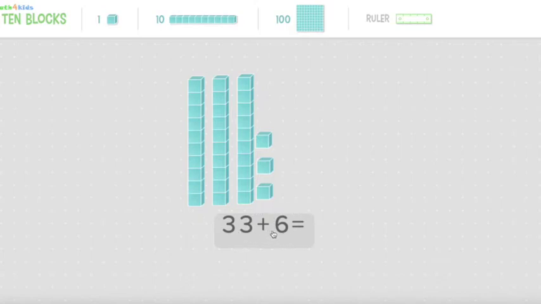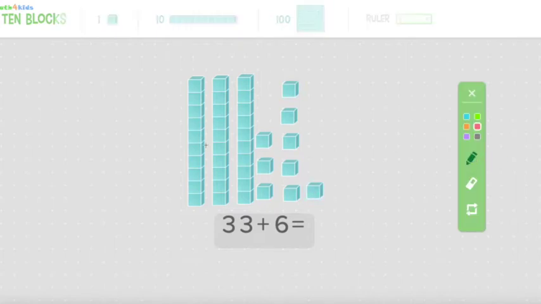Now it's 33 plus 6, so I need to also put the number 6. So I'm going to start by putting down my ones. How many ones do I need to put? 6. So I'm going to put down 6 ones. 1, 2, 3, 4, 5, and 6. So now I need to count them all together to see what 33 plus 6 is.